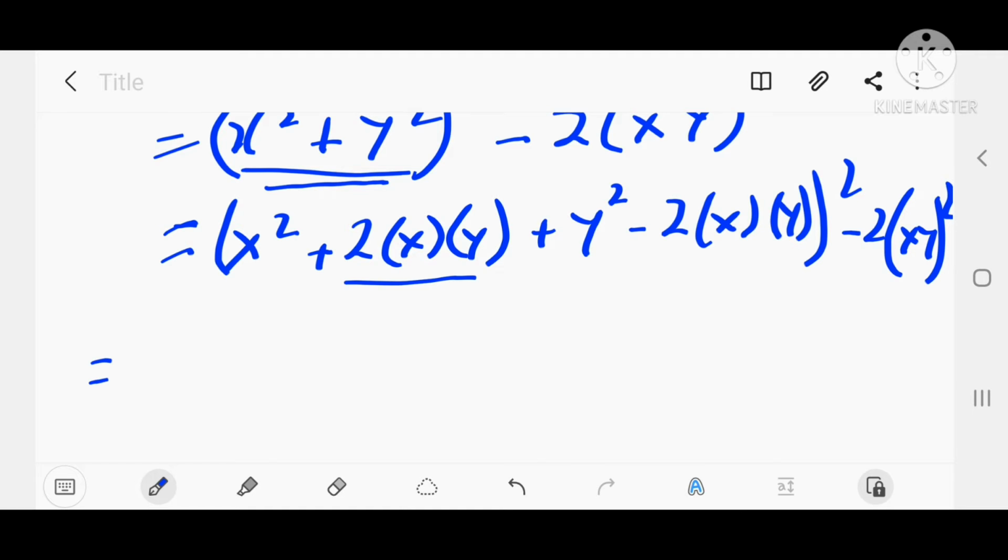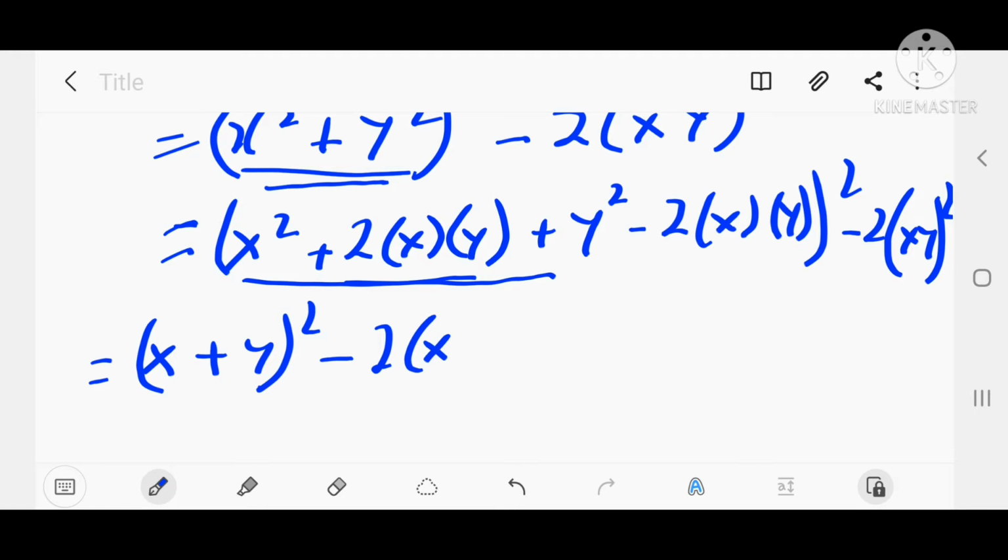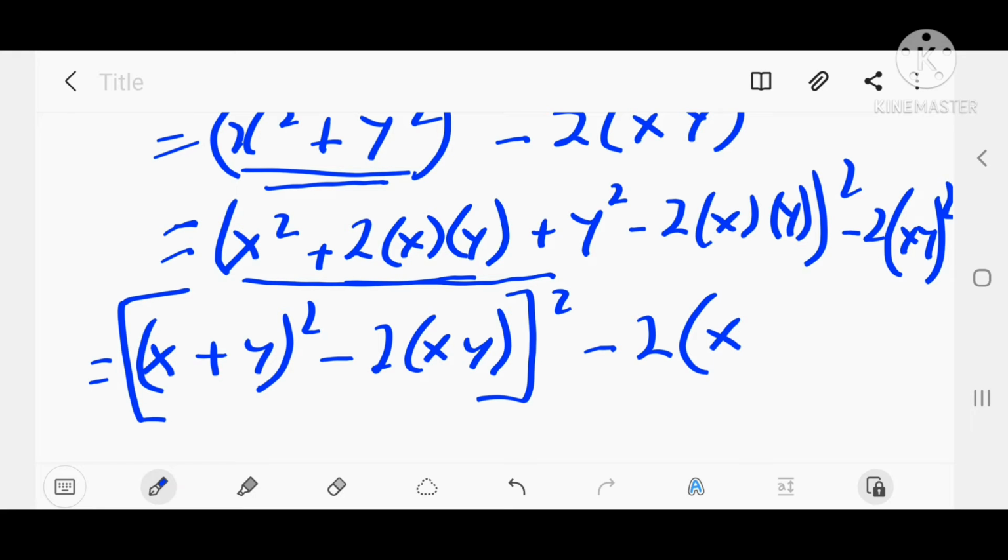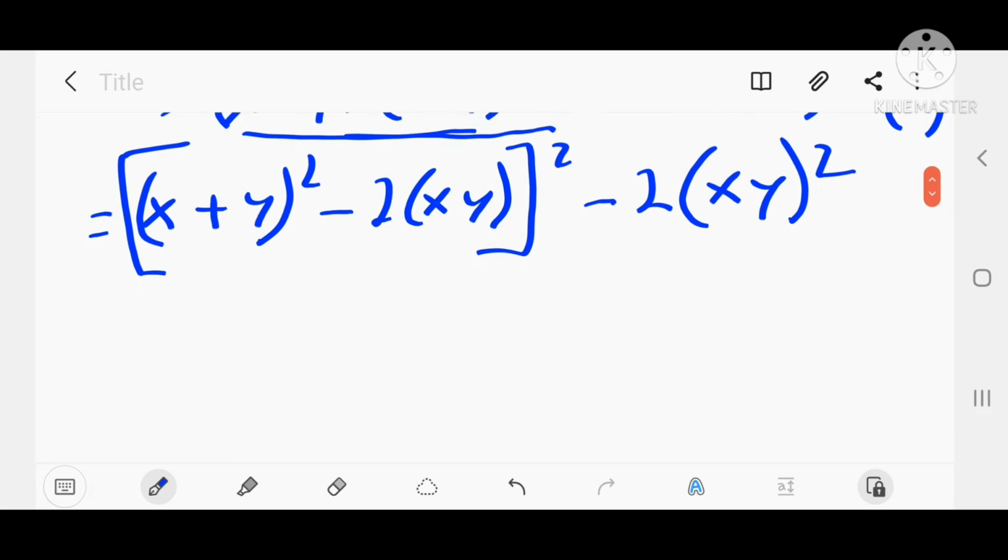Factorizing this, we have x plus y square, then minus this, that will be 2xy, all squared, so we put it in the bigger parentheses, minus 2xy square.